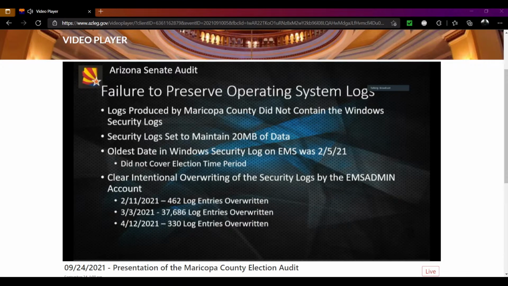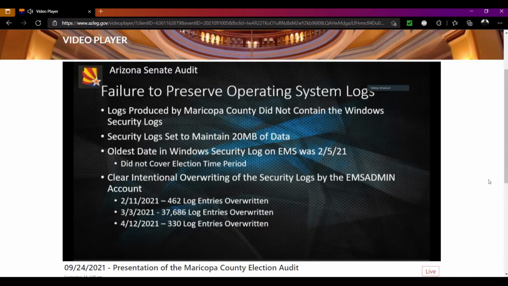So the Windows operating system will preserve all the security logged entries up until the point at which it reaches 20 megabytes of data. At that point, it starts following a first in, first out approach, to define how much retention quantity. So as you create a new entry, an older entry is deleted and overwritten inside of that log file.